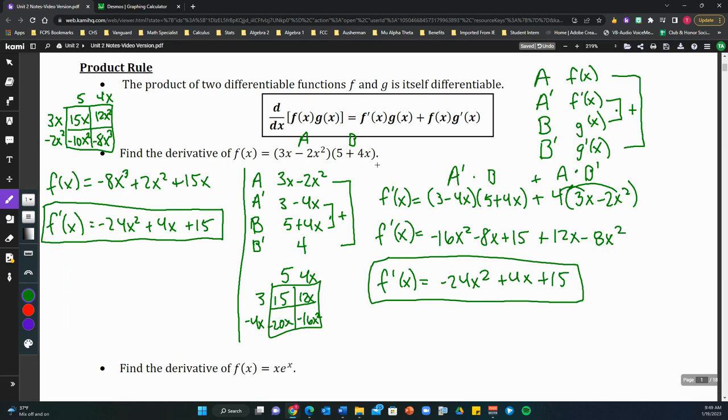So now some of you may view that as, well, this was totally redundant. I don't need the product rule. I could have just multiplied it out and gotten my final answer. Yes, that is true if both of your factors in the original product are polynomials. Again, if you come across a problem like that in the future when you're doing this on your own, then product rule will never be necessary if it's a poly times a poly.